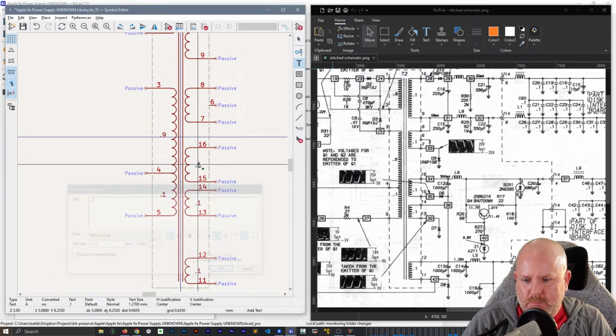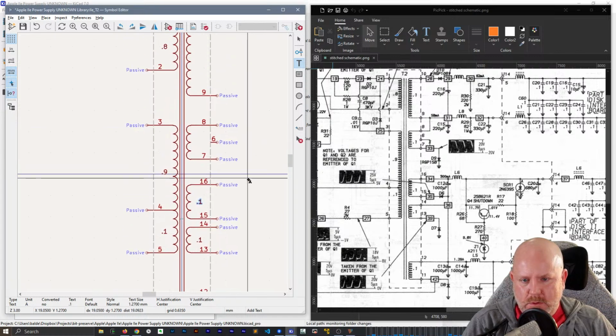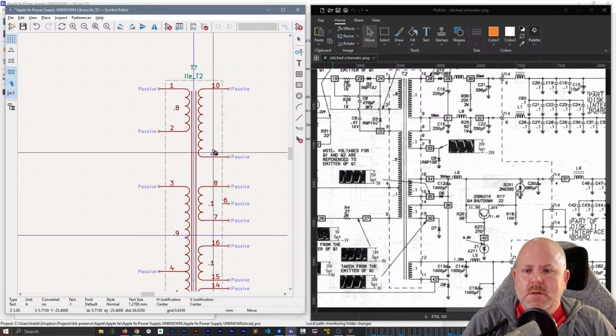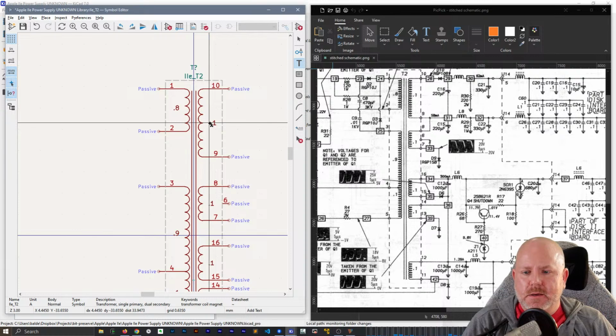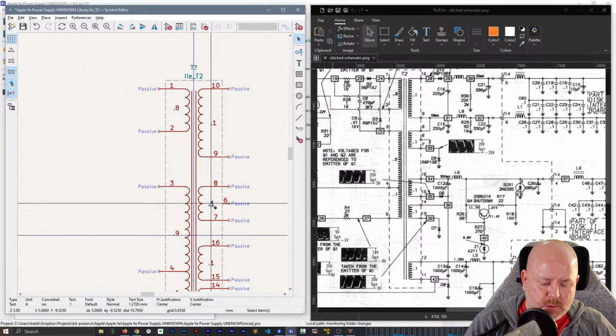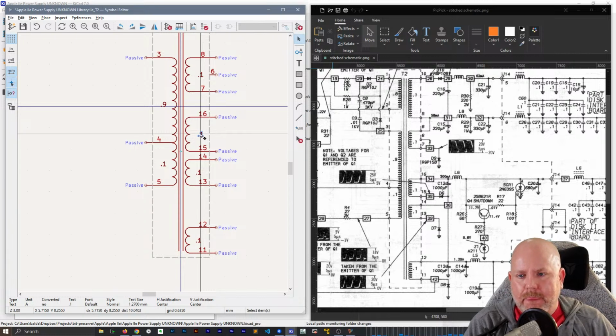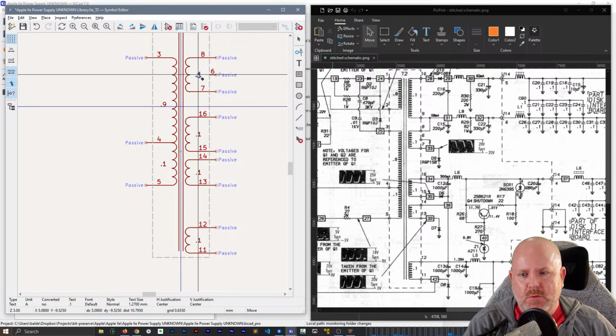Okay. I think these are all 0.1. Okay. I like these better. 1 over.